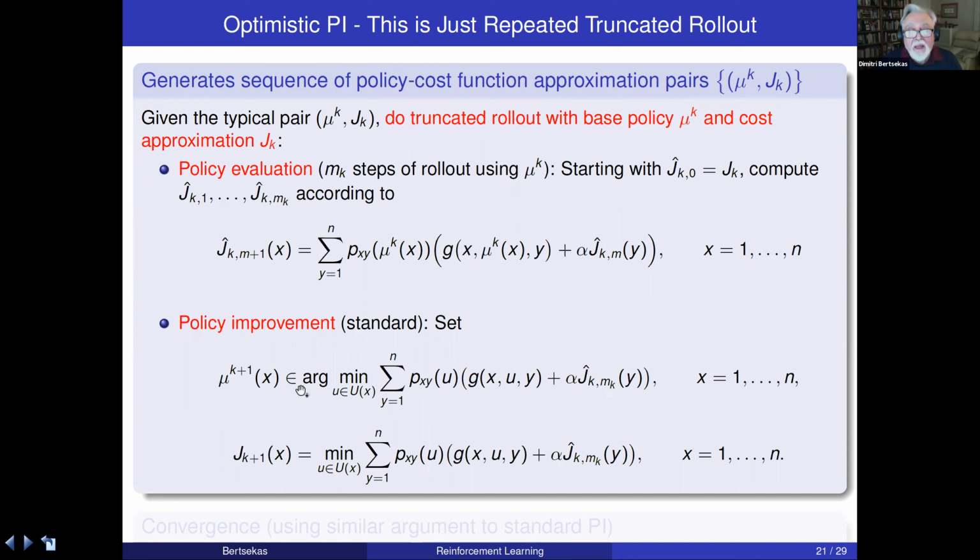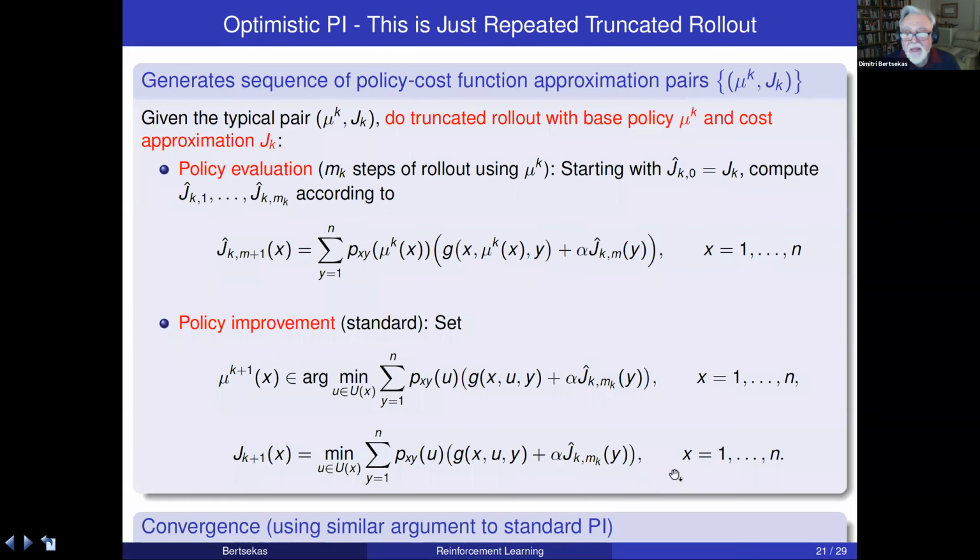So this is obtained by policy improvement, and this is the new terminal cost approximation that corresponds to this minimization here. This is optimistic policy iteration, and it's just repeated truncated rollout with this particular scheme for terminal cost approximation.